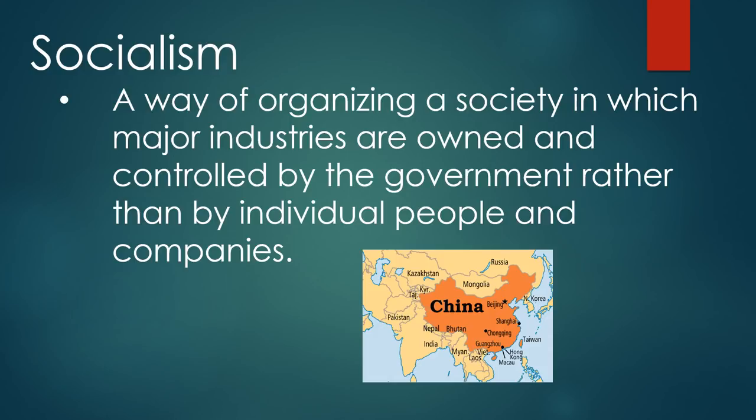And so socialism typically is not looked at as being as harsh as communism. Like I said, it's the whole concept of everyone having equal access to things such as health care, education, and things like that.